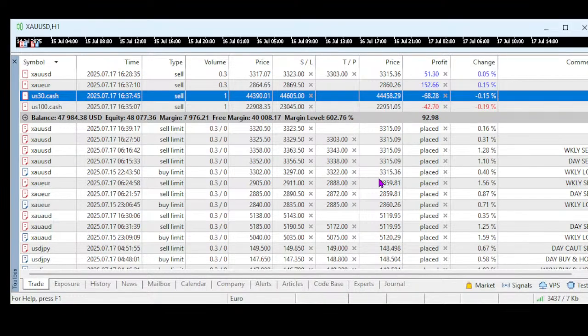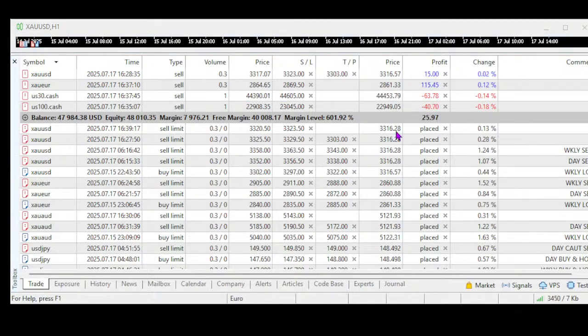Then I want to go for an additional trade, an additional sell. This round I'll go for a higher volume because the risk is limited. So I'll go for a 505.